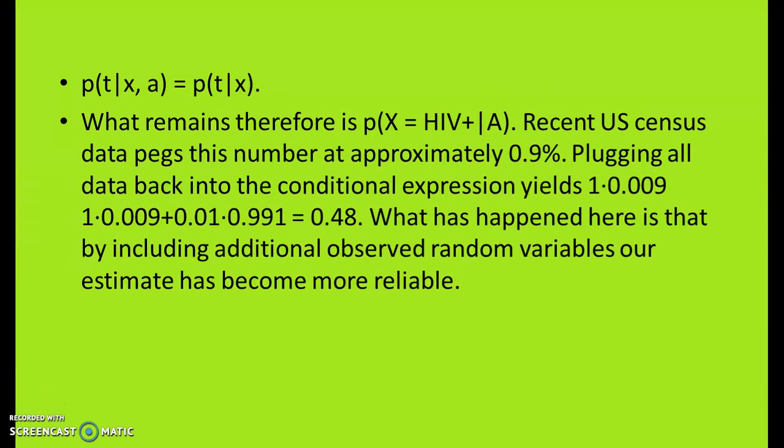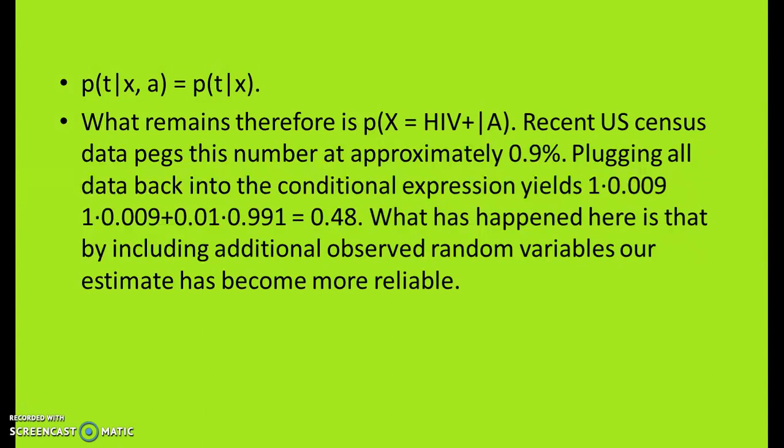So it means that P of T given X comma A is equal to P of T given X. What remains therefore is P of X equals HIV positive given A. Recent US census data pegs this number at approximately 0.9%.